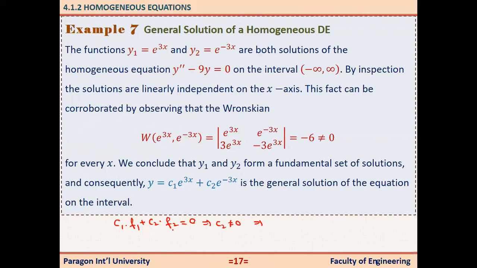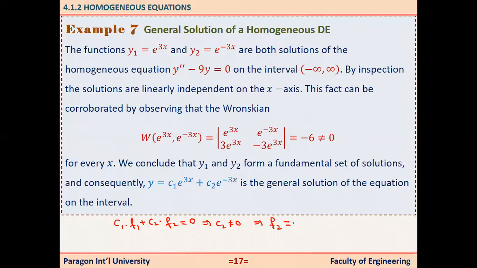If linearly dependent, that means that we are able to find C1 and C2, at least one of them not equal to 0, so that the linear combination produces 0. So if C2 is not equal to 0, take it to the left-hand side, and I can describe F2 in terms of F1.